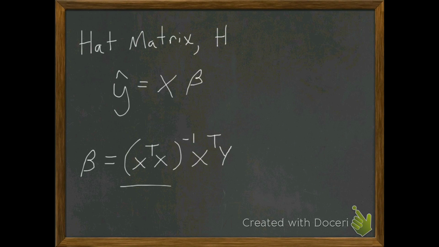So if we take this, put it in for beta, we will end up with y hat equals x times x transpose x inverse x transpose y.